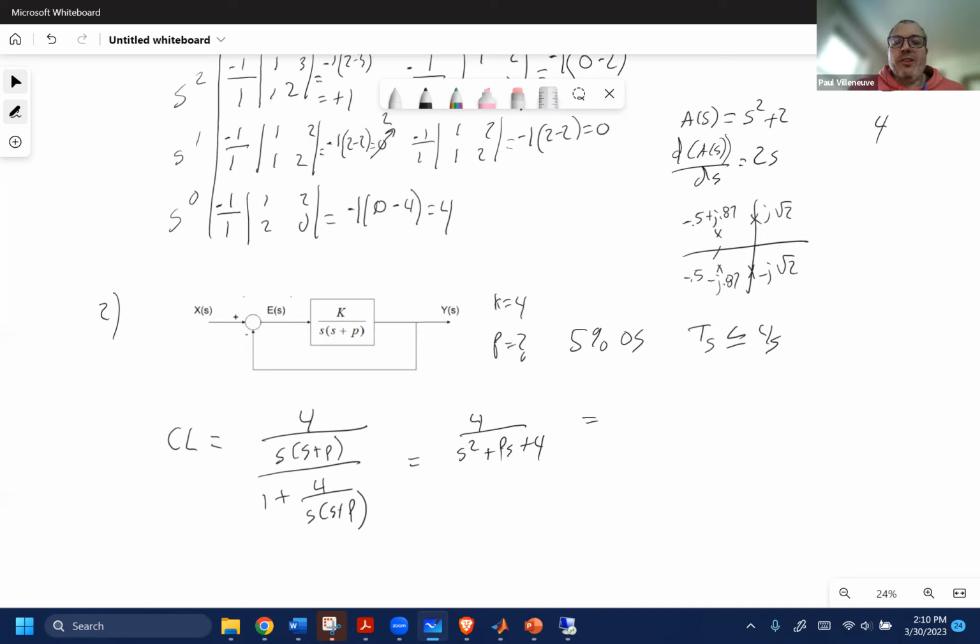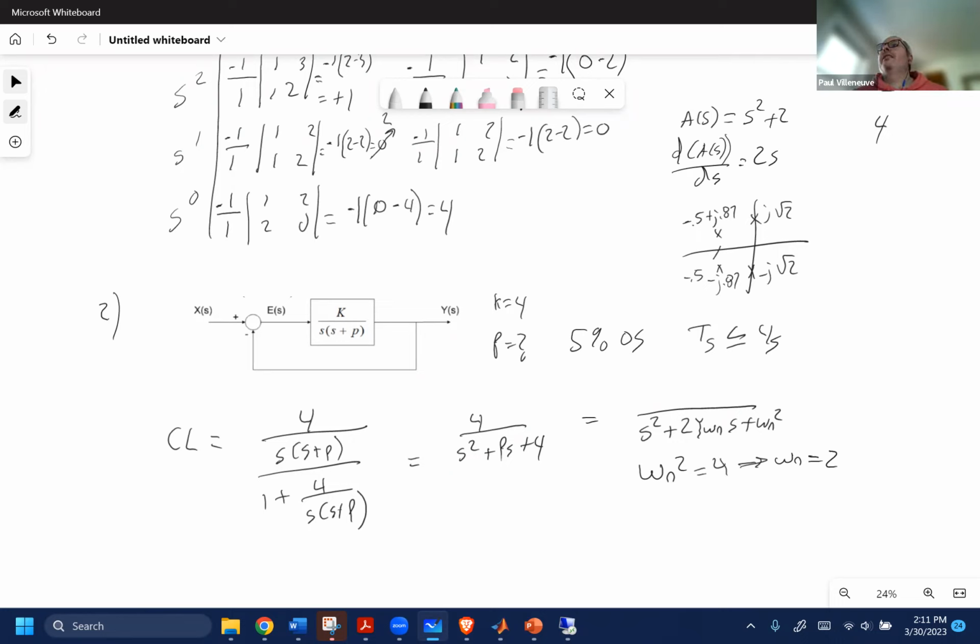For a second order system, I don't care about the numerator, but the denominator should have the format S squared plus 2 zeta omega sub n S plus omega sub n squared. So immediately we can solve for omega sub n. Omega sub n squared is equal to 4, so omega sub n is equal to 2.